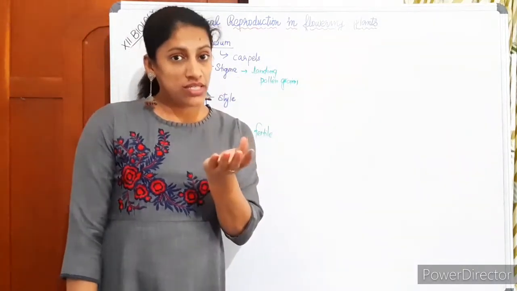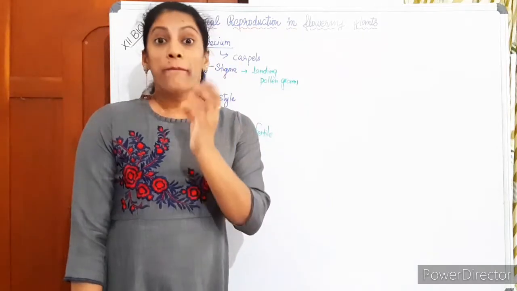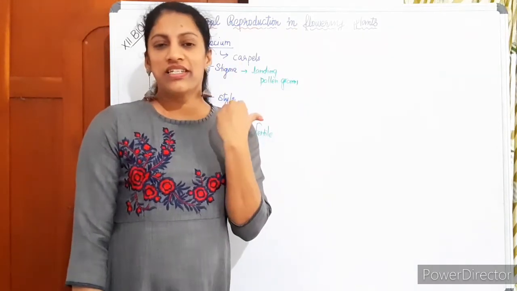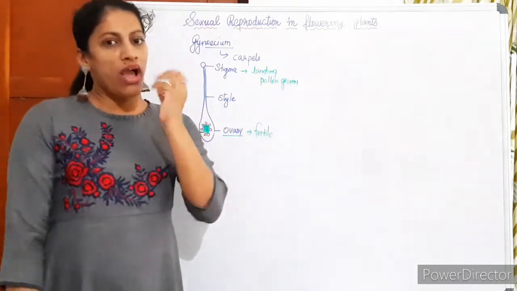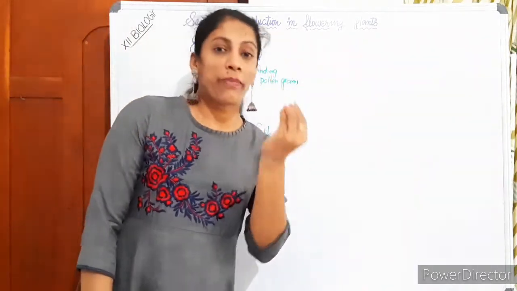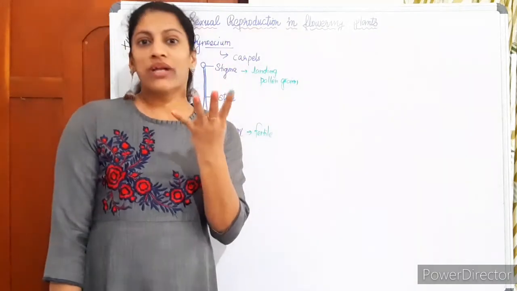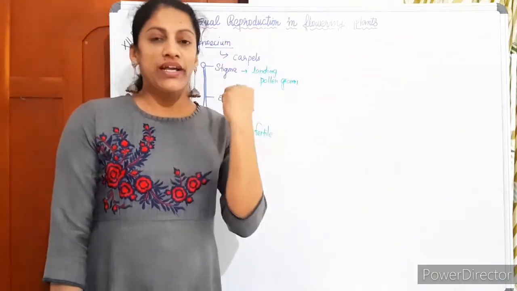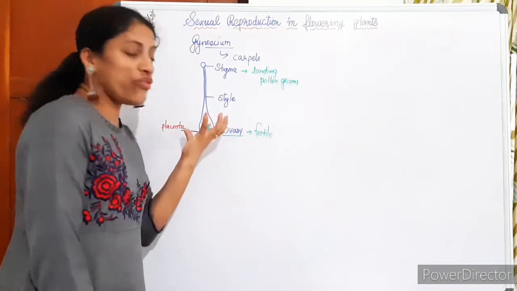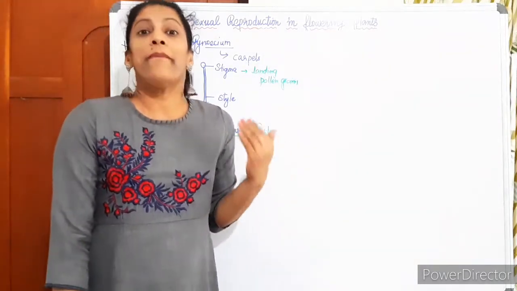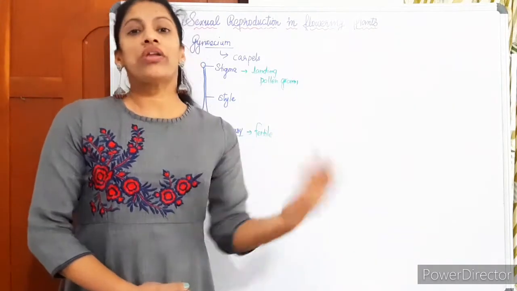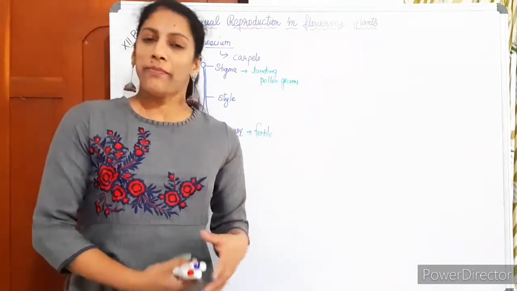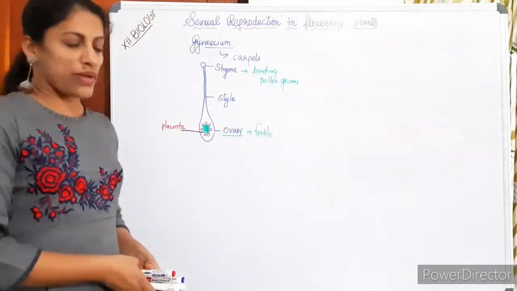You have learned the anther, microsporangium. The anther consists of four microsporangia. Here the ovary consists of one to many megasporangia. Sometimes it may be one megasporangium, or more than one. So what is a megasporangium?